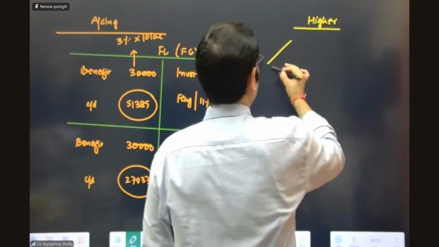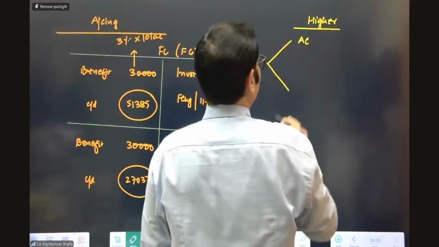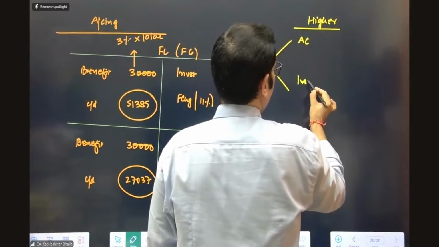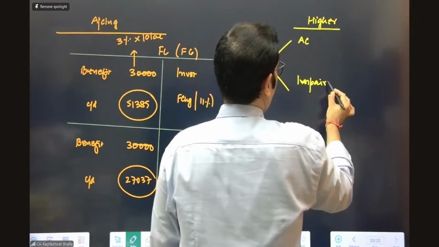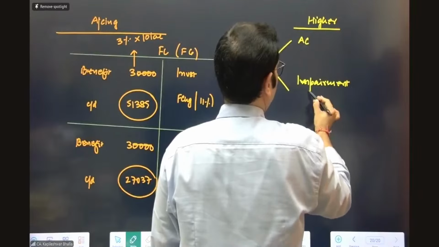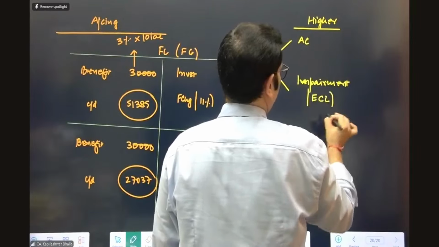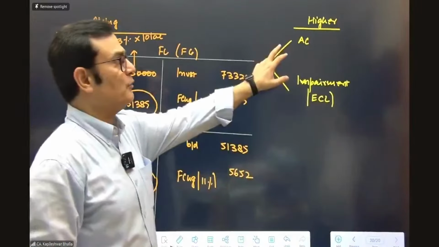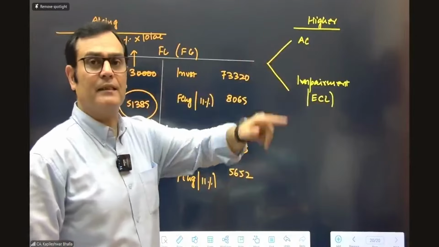Okay, so it is supposed to be the higher of the two. You need to take the amortized cost value, and you need to take the impairment, if there is an impairment, that is the expected credit loss in this particular case. So you need to consider the higher of the two: the value based on amortized cost and the impairment.